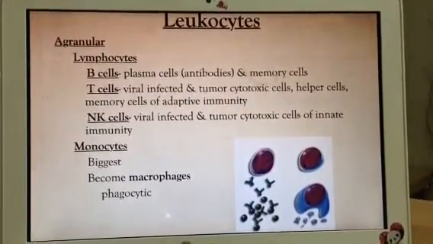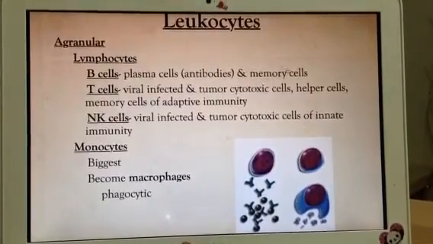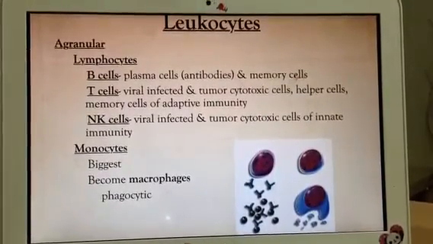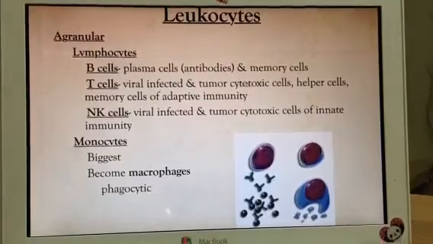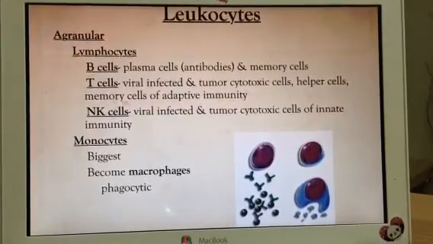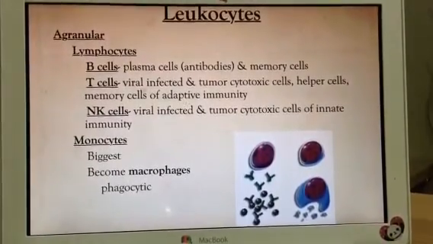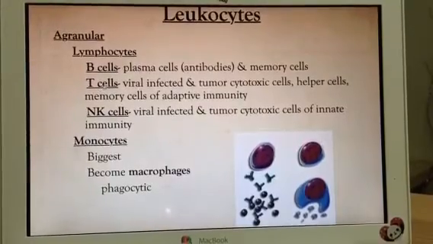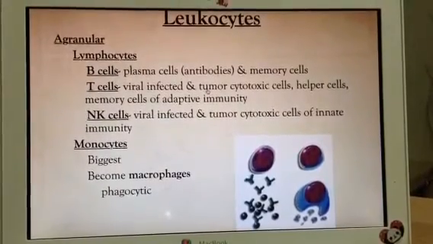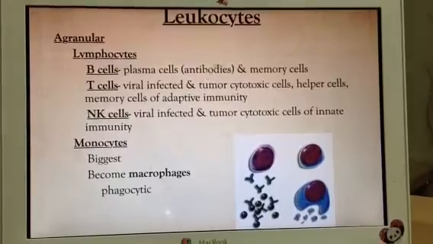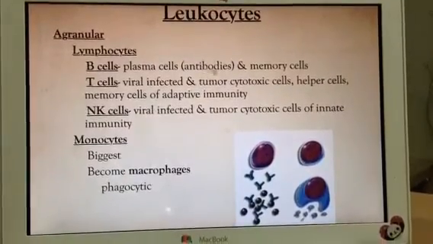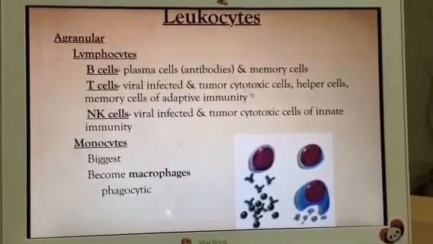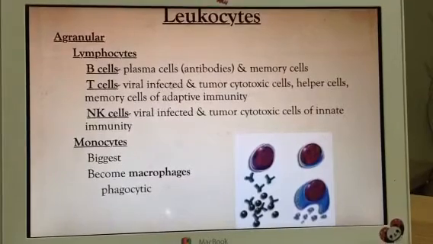So these are the guys that sit around like the old guy at a bar, knowing what to look for next time if something bad happens. T cells can also be memory cells, but they are usually specifically for virus-infected cells and tumors, as opposed to these guys that fight viruses and bacteria. And these guys come in different varieties.